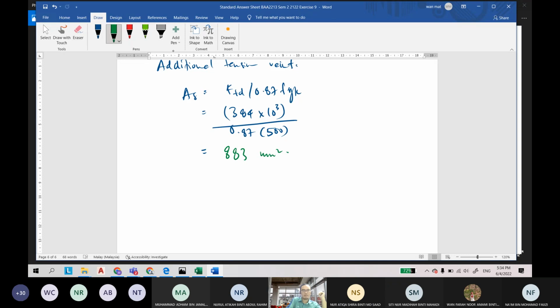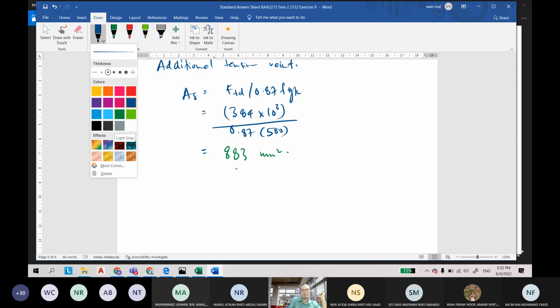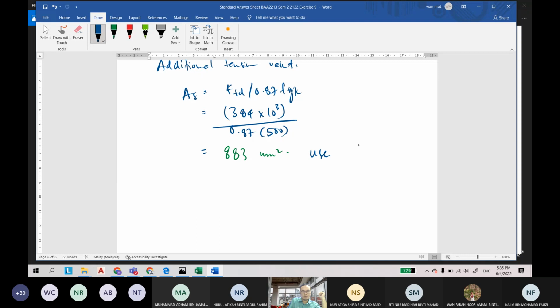Because our steel arrangement is still similar to exercise 8, we can use 4H20. So As is equal to 1260 mm square.